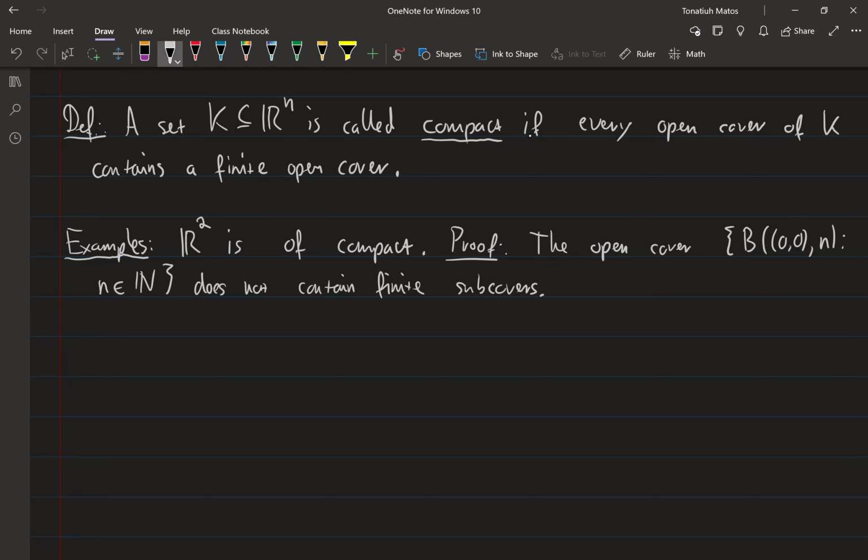Okay, so here, we can call this a proposition. I think it's simple enough. Compact sets are always bounded.